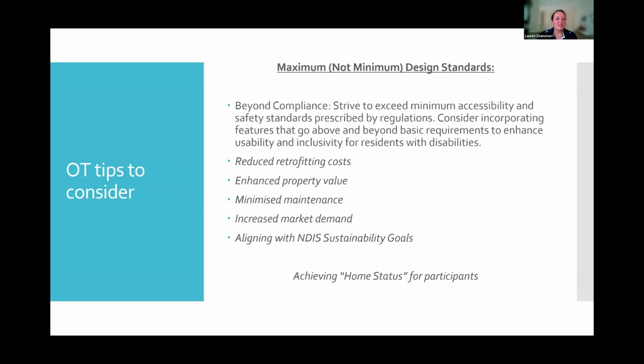Some of my OT tips to consider when considering an SDA design. I don't like the wording "minimum design standards" because that's often what is then met. So I'm saying maximize the design standards, striving to exceed minimum accessibility and safety standards and incorporating future-proofing measures in the design of specialist disability accommodation spaces.